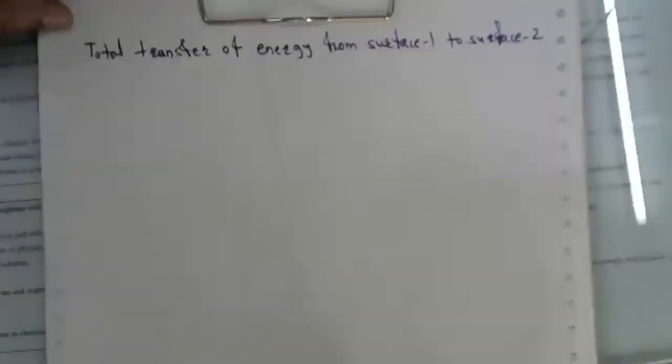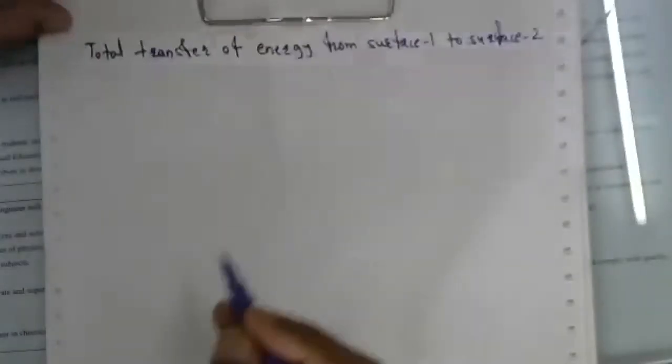Right? So up till now we have just understood the different equations: the energy emitted from surface 1, the energy absorbed by surface 2, the energy reflected by surface 2, and then the remaining energy is absorbed and reflected by surface 1 and likewise.